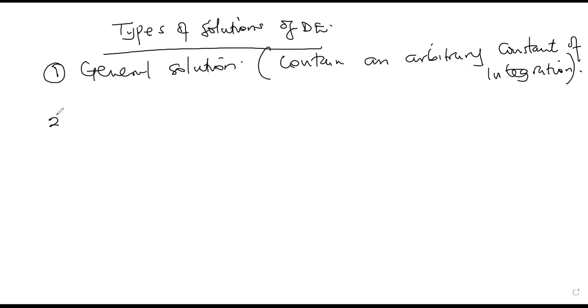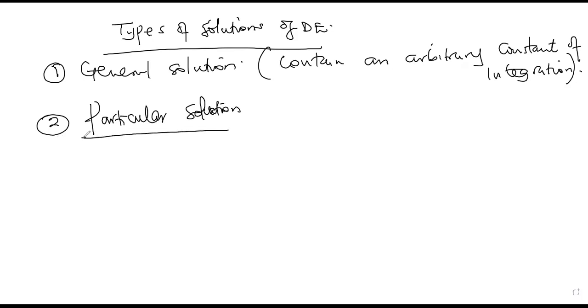Then the second type of solution is what we call a particular solution. Now, a particular solution is where we eliminate that constant of integration. General has a constant of integration, but in particular, we eliminate that constant of integration.